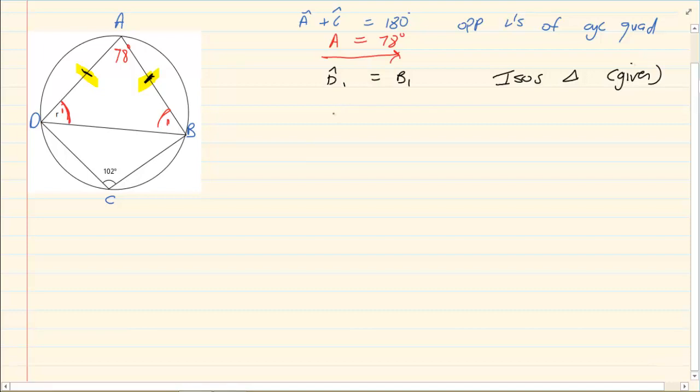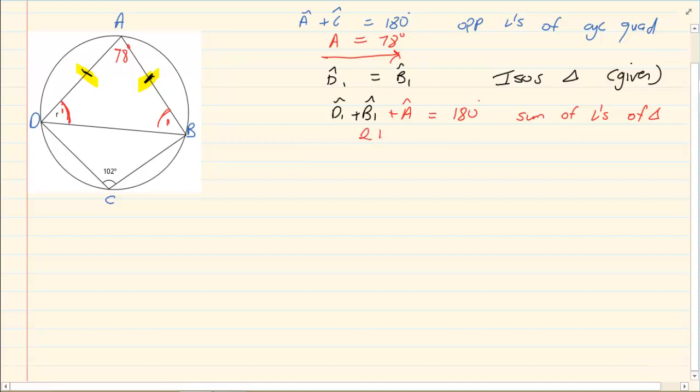Now D1 plus B1 plus A is equal to 180 degrees. Reason, sum of angles of a triangle. Now D1 plus B1 is equal.